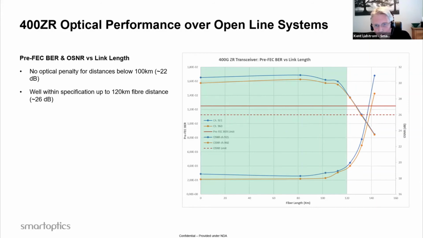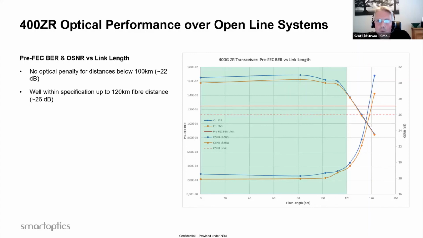But after about 100 kilometer, we start to see a slight degradation. And after 120 kilometer, the pre-FEC BER is very quickly degrading. And the limit for the pre-FEC BER is the solid line that you see on top there. So after around 135, 140 kilometer, that's when you have your limitation from a pre-FEC BER point of view.